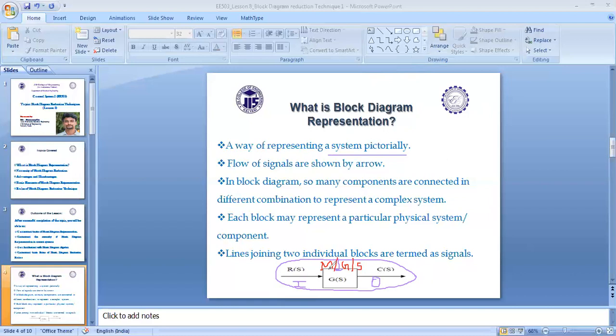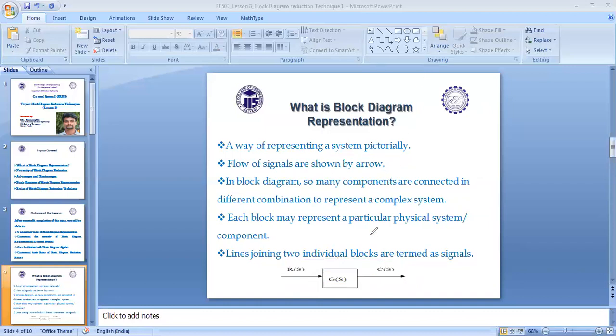So any motor or generator or sensor can be considered as a physical device or physical component which should have its own transfer function. So in block diagram representation, the transfer function of that physical device is to be mentioned, and any motor or any generator or any sensor should have one input and one output.